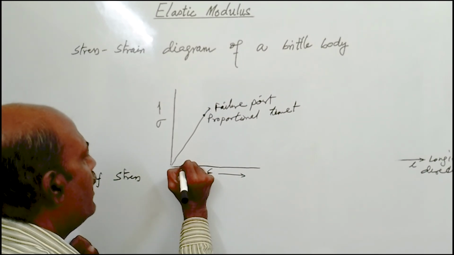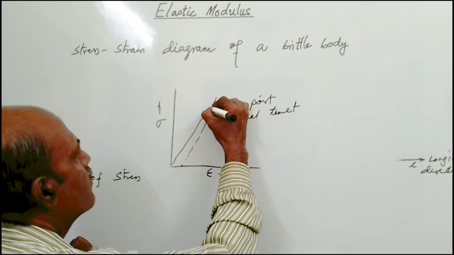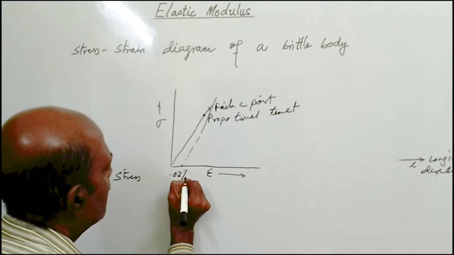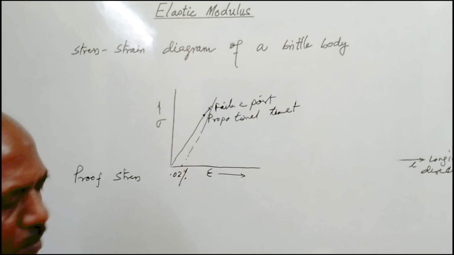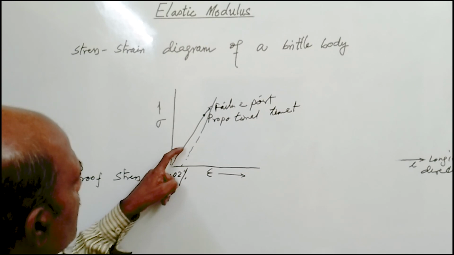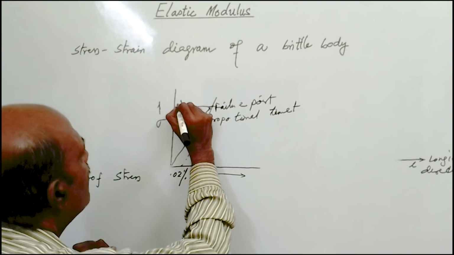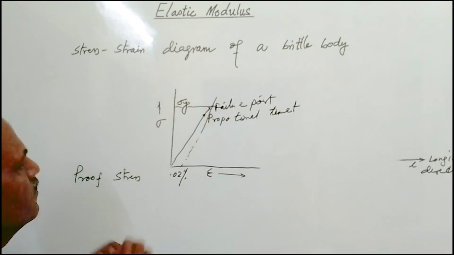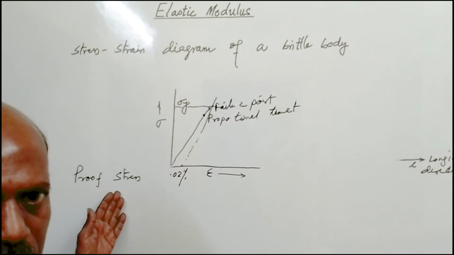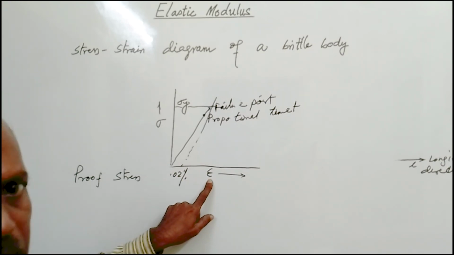So if we draw a line parallel to this straight line, okay, at 0.2% strain or deformation, so if we draw a parallel line to this straight line, this point will define the sigma y value for this. Okay. So proof stress is the stress value at 0.2% of the deformation.